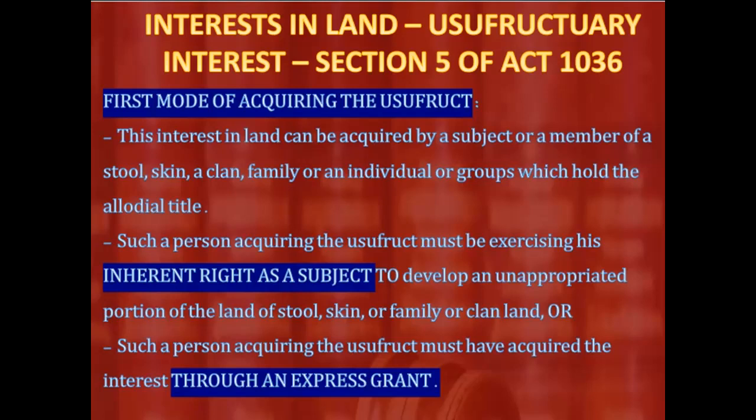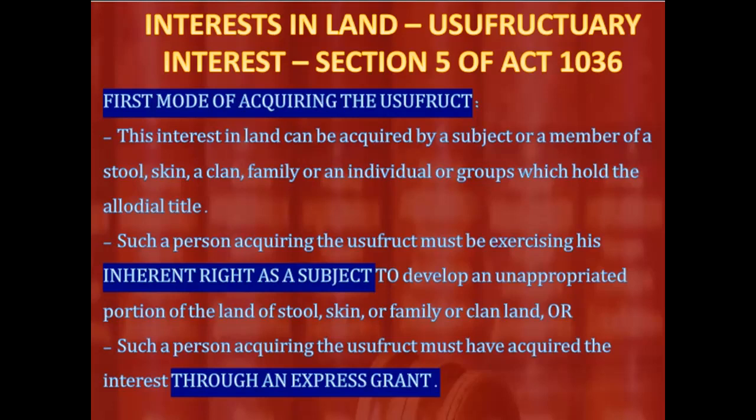Or the subject must have acquired the usufruct through an express grant. So what we see under section 5, subsection 1A is that the usufruct is an interest in land, and it can be acquired by a subject. But when the subject is acquiring the usufruct, there are two ways the subject can acquire it.